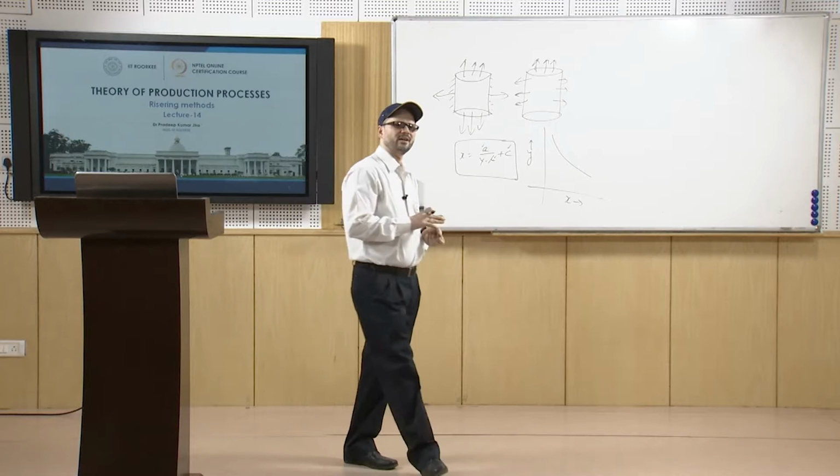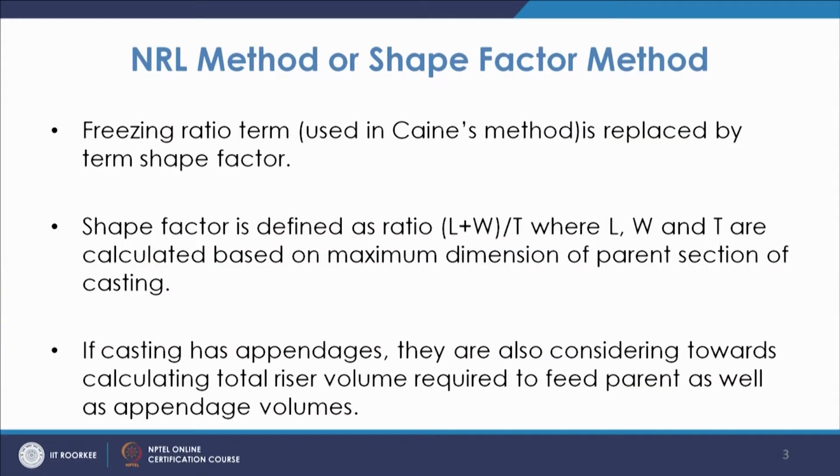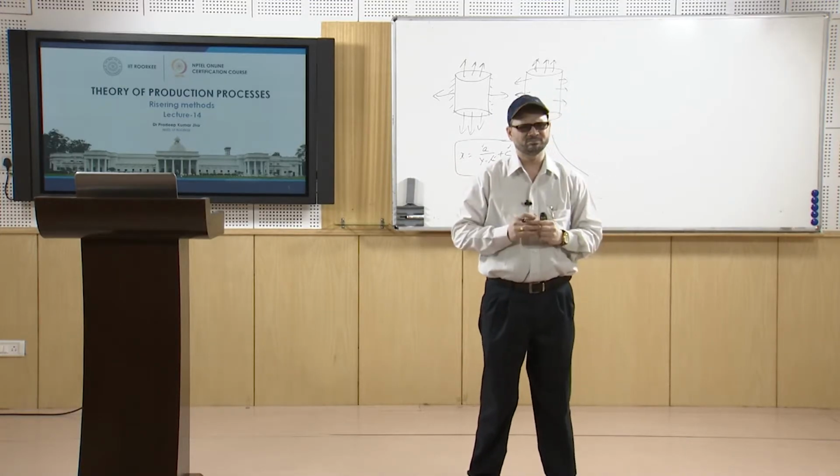The next method is the NRL method, or Naval Research Laboratory method, or shape factor method. That is an improvement over Cain's method, in the sense that there you have to solve a complex equation.